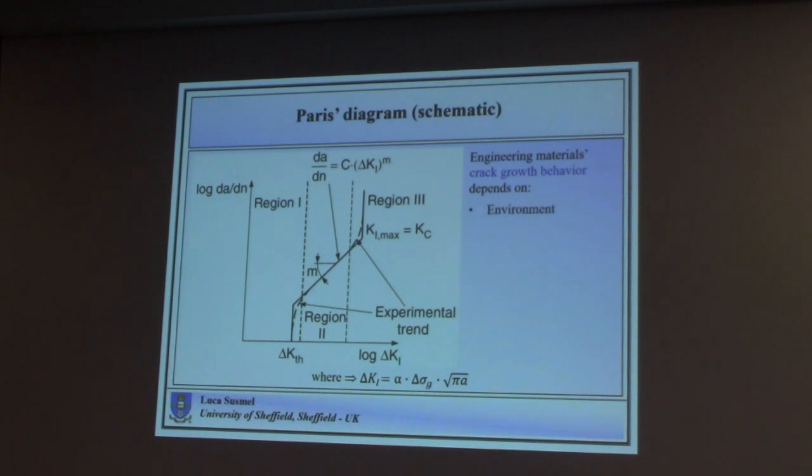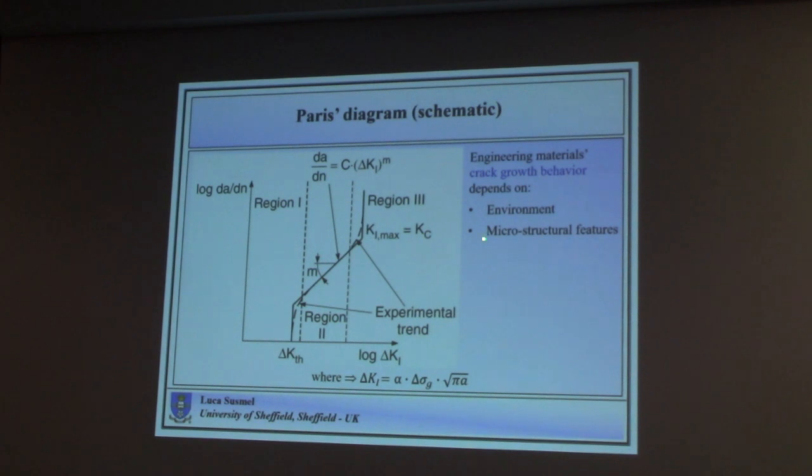So we can say that, first of all, we don't have to forget that given a material, the shape and characteristics of this graph and the position of the different lines depend on the environment and the characteristics of the material.